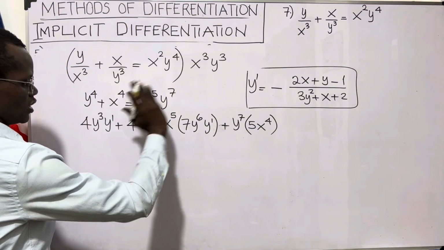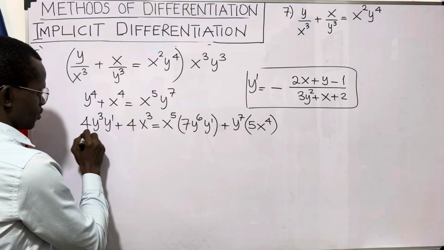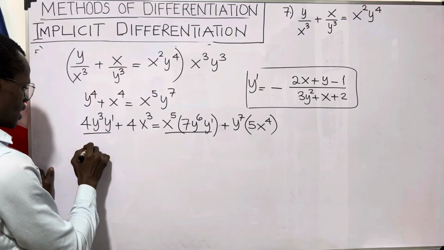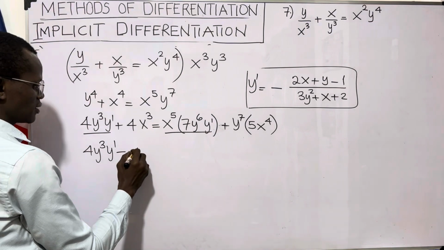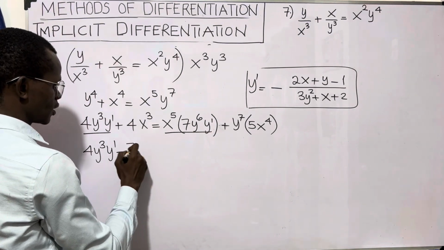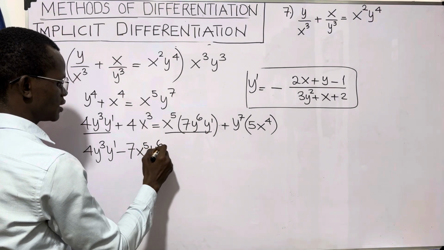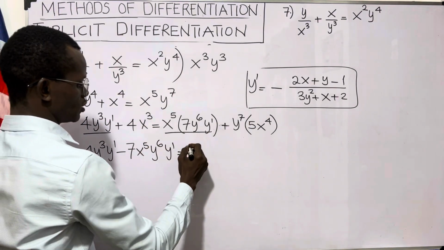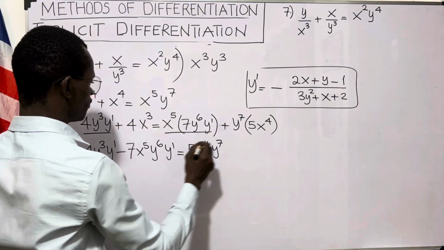So we can now simplify and show that y prime is on one side of the equation, and the other side of the equation are all other expressions. So this term with y prime, this term with y prime, we must send them on one side. So we have 4y cubed y prime minus 7x to the 5th y to the 6th y prime equals 5x to the 4th y to the 7th.